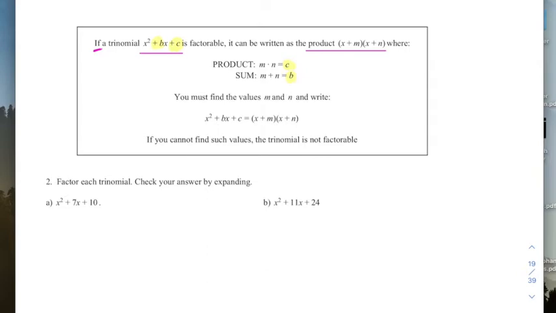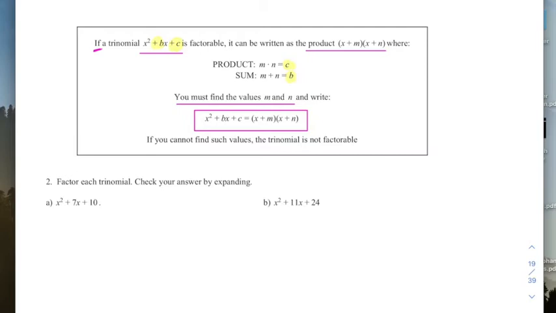The whole mystery is you have to find the values m and n. Once you find these values, you can write out x squared plus bx plus c equals x plus m times x plus n.